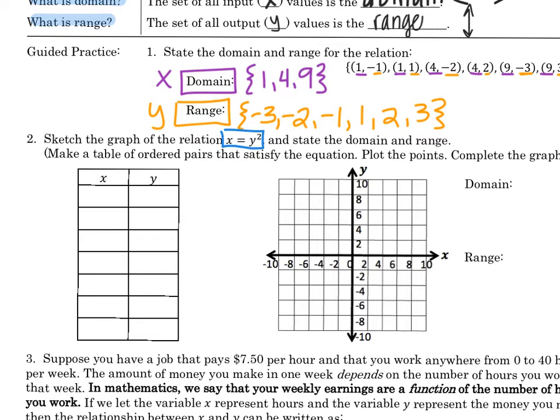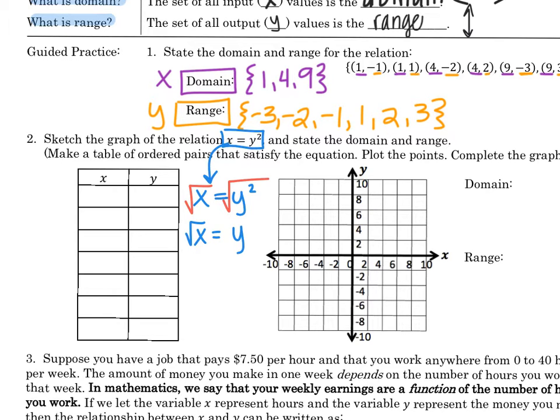If you have a graphing calculator and you want to see what it looks like, we need to solve for y, which means to get y by itself, we have to square root it. So we would think that y equals the square root of x.